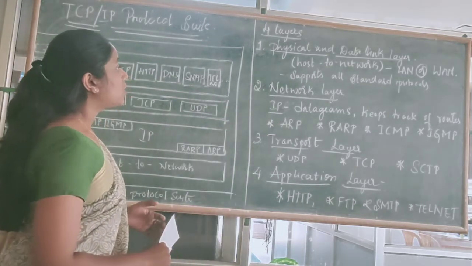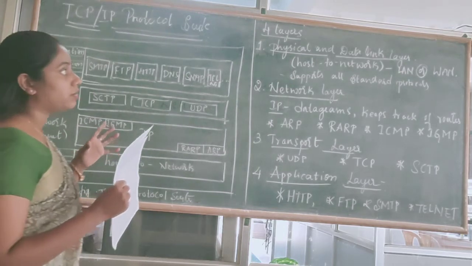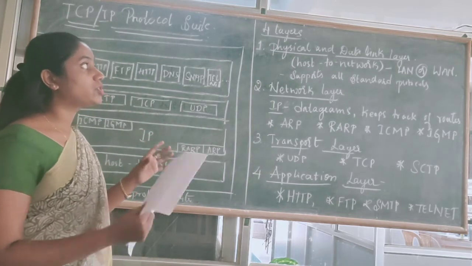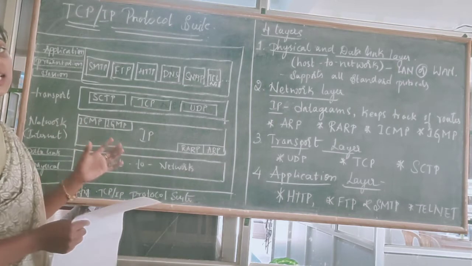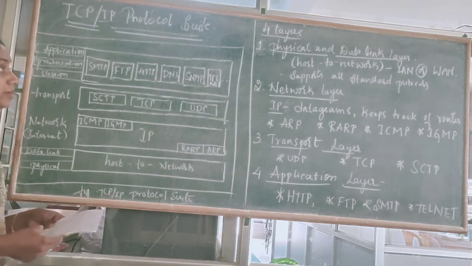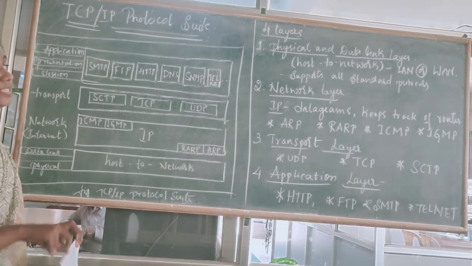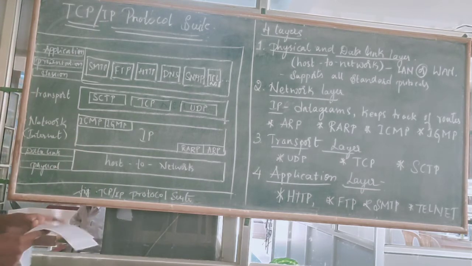Okay, so this is about the physical and data link layer. What you have to keep in mind is, it is called host to network layer, and it is a combination of physical and data link layer. It supports all the standard protocols, and when we say the term network, it means LAN or WAN.